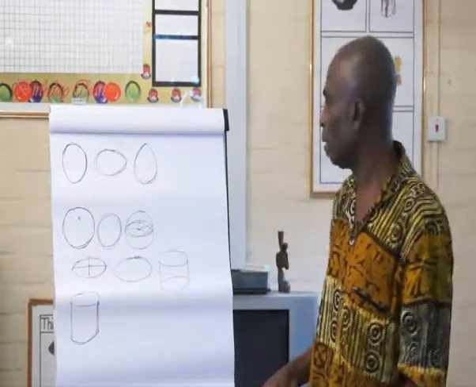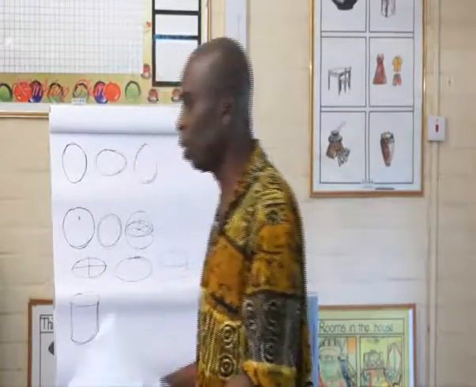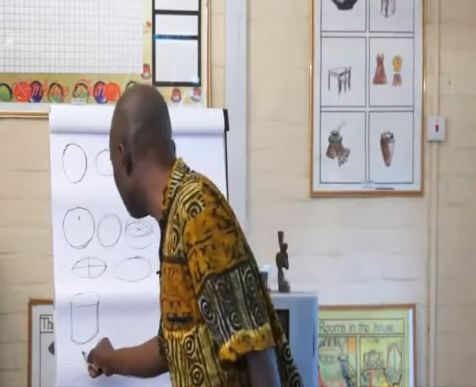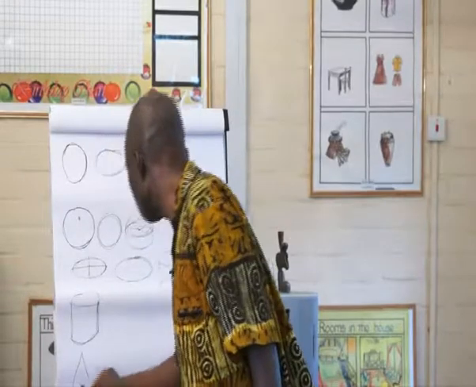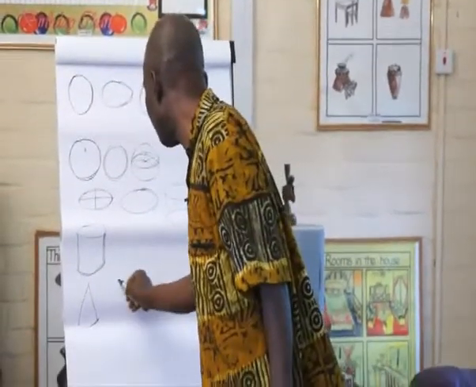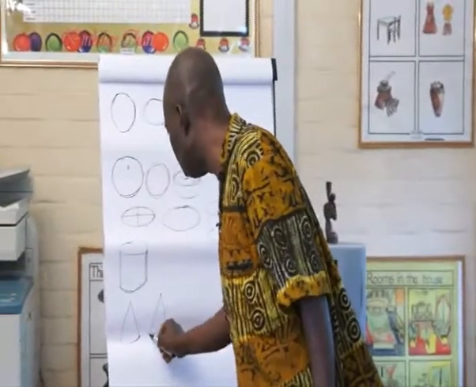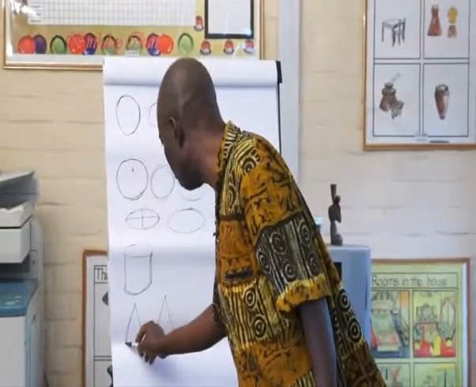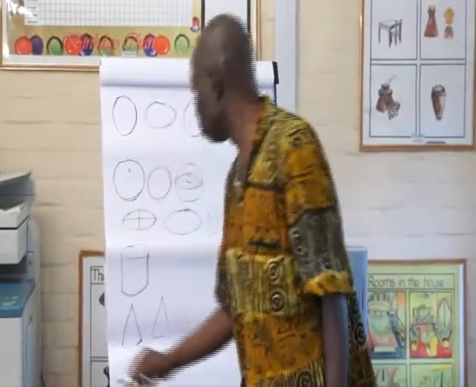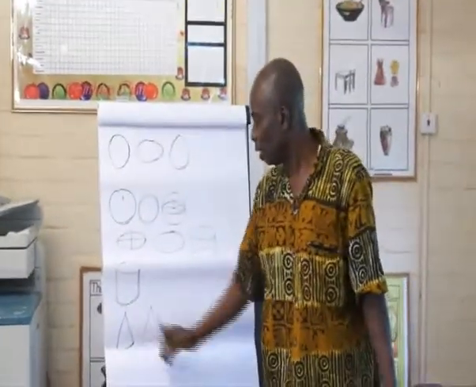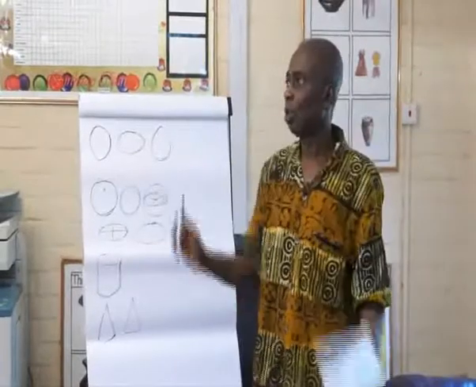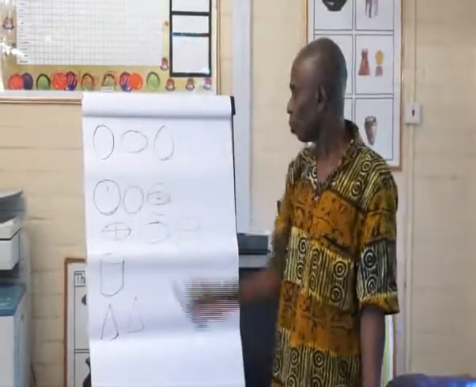Then we go to another shape, the cone, conical shape. This is the cone, and from this shape we can get our triangle. The cone as an object is round, but it's like a cylinder, but it tapers or is pointed towards the top.